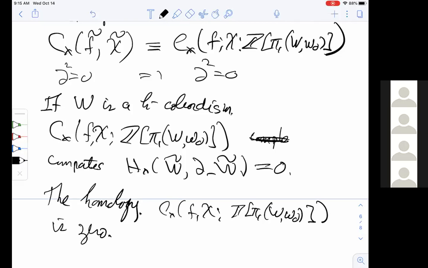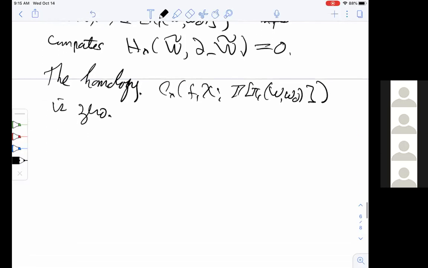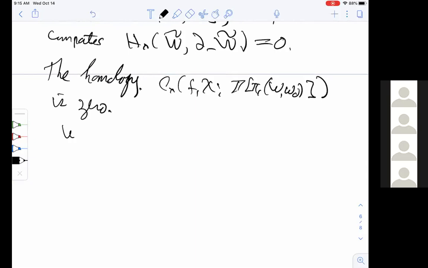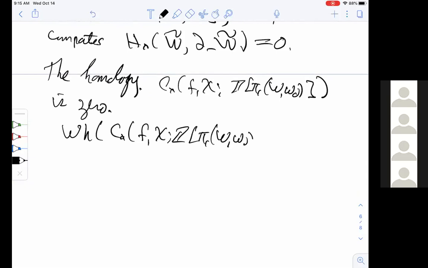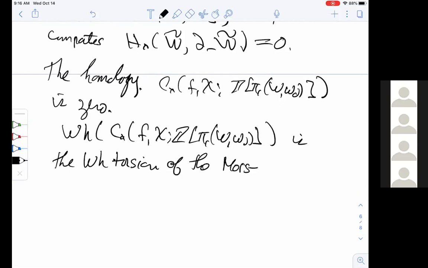Okay. Well, now we're in position to define the Whitehead torsion. The Whitehead torsion of this chain complex is the Whitehead torsion of the Morse function, or of its chain complex, whichever you prefer.